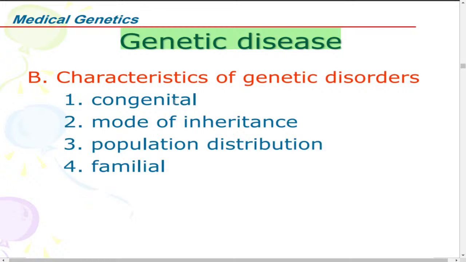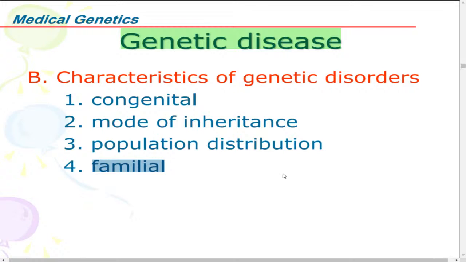These contain the congenital, the mode of inheritance, the population distribution, the familial characteristics of genetic disorders. Congenital, mode of inheritance, population distribution, familial.